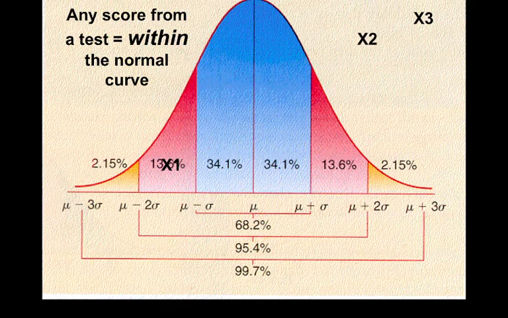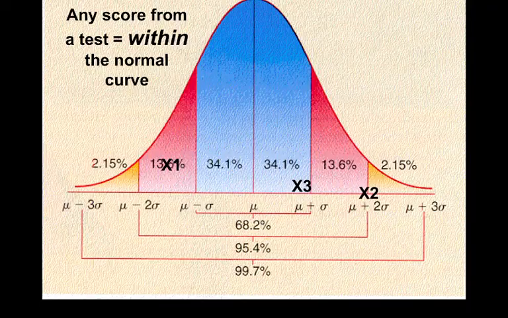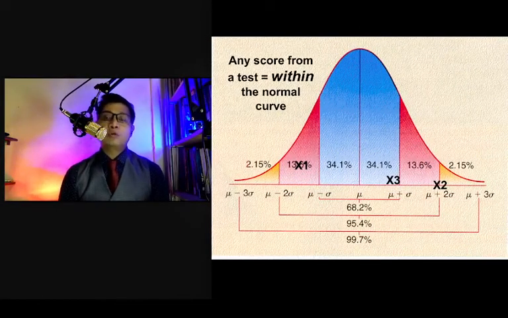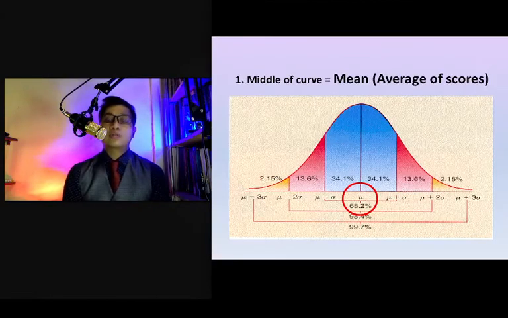Yung pangalawang score can be found in that area of the curve. And that third score can be found in that area of the curve. Basta yun lang yung tatandaan nyo, no? Yung normal curve, yung area ng normal curve, diyan natin makikita lahat ng raw score na pwede nating makuha from people who will be taking a psychological test.